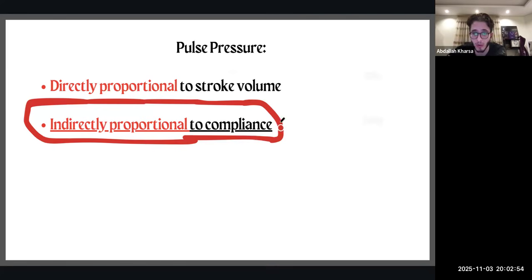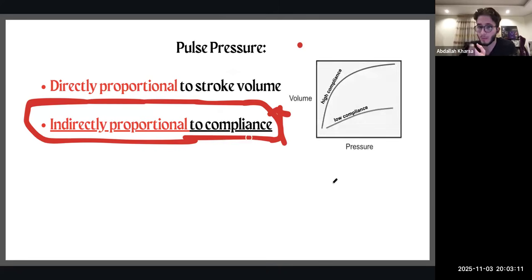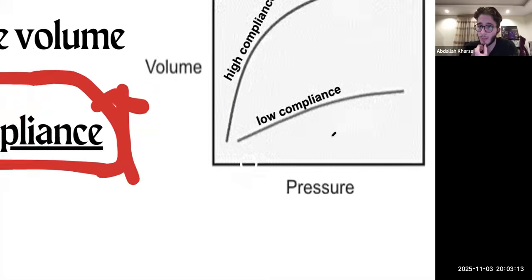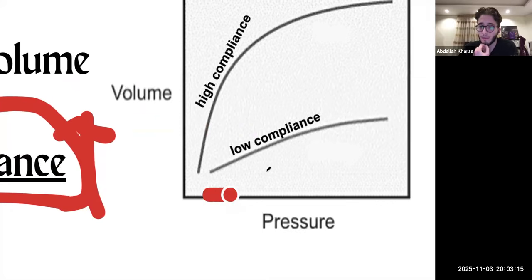Look, it's indirectly proportional to the... that's true. Less change in pressure. That is true, because it's accepting more. Right, that's perfect. Because we said that compliance is how much it accepts the blood when you increase the pressure. So for example, I increase the pressure by 5.